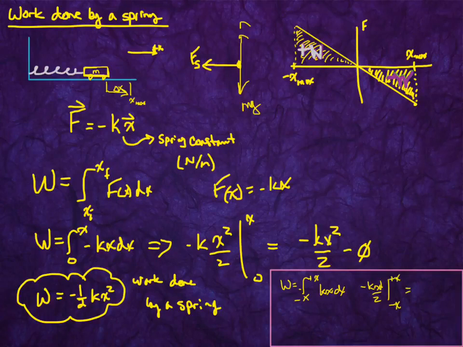And we evaluate it, this winds up being negative kx squared over 2 minus a negative kx squared over 2, which winds up being 0.